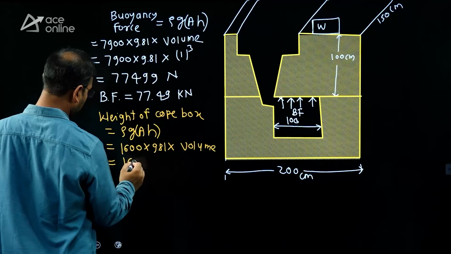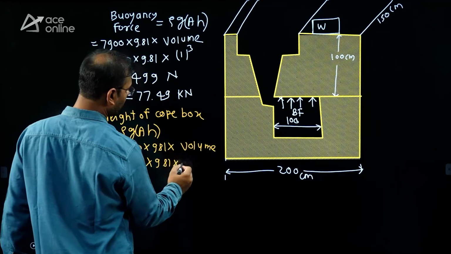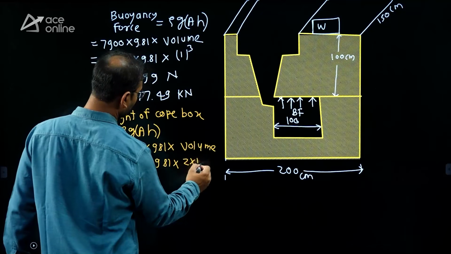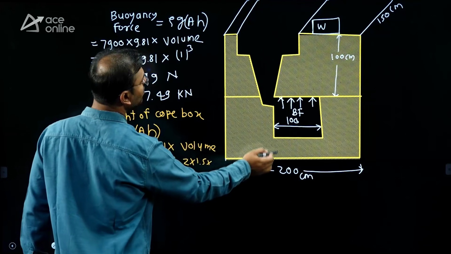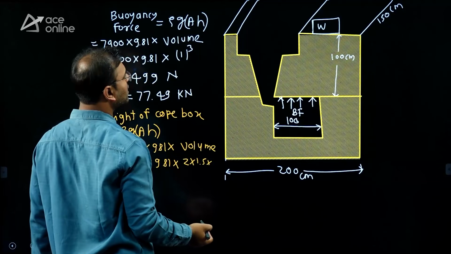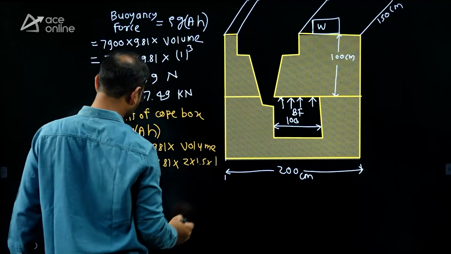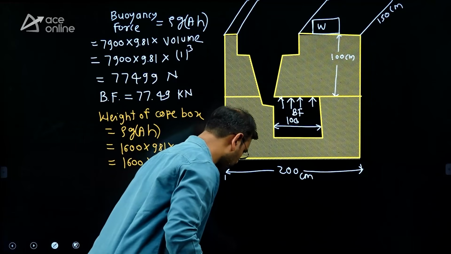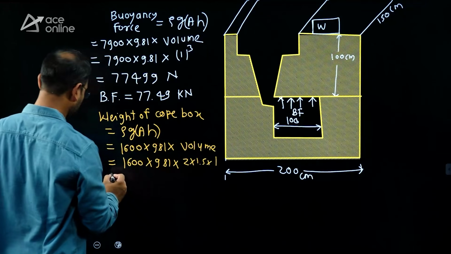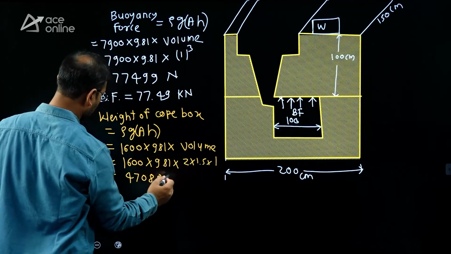Very easy question. 1600 into 9.81. Volume of cope is 2 meter into 1.5 meter into the height, 100 centimeter, that is 1. And I got here 47,088 Newton.